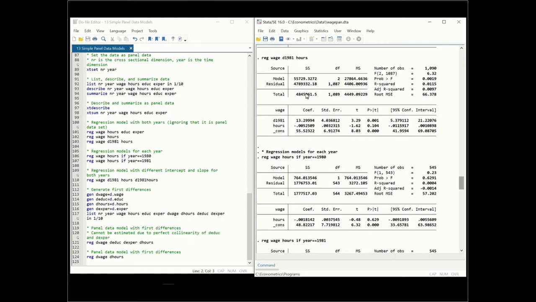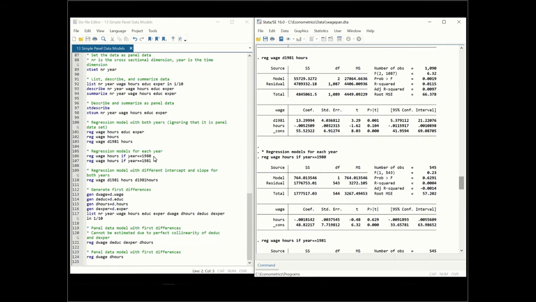And these are the results that we have here with a dummy variable. And then we have hours as an independent variable. So we do see that we have higher wages in the second period, but this coefficient, again, is not significantly different from 0.